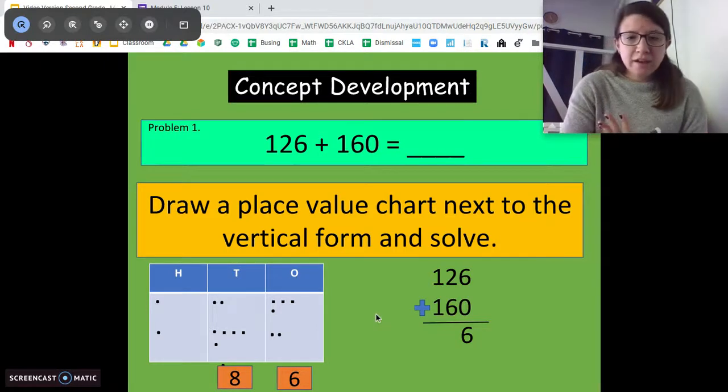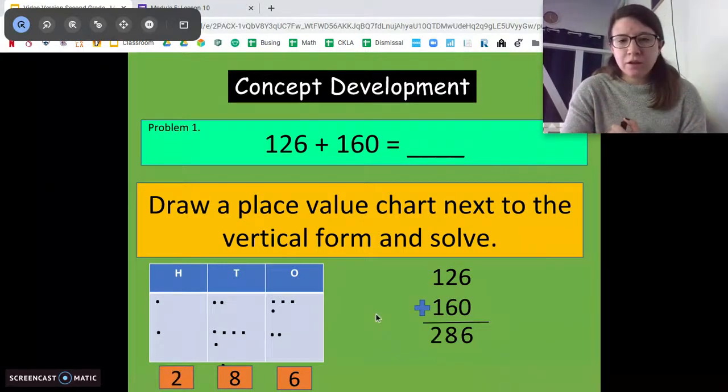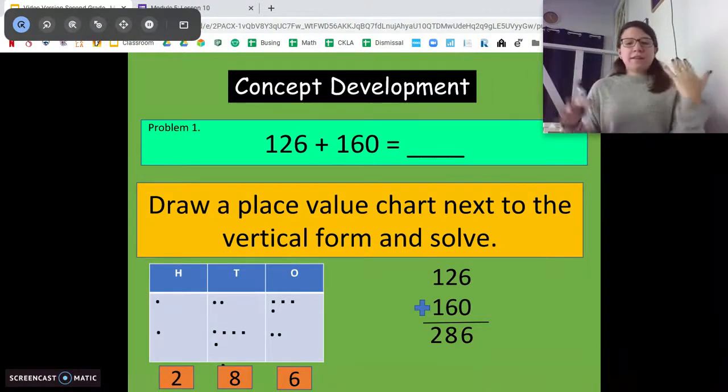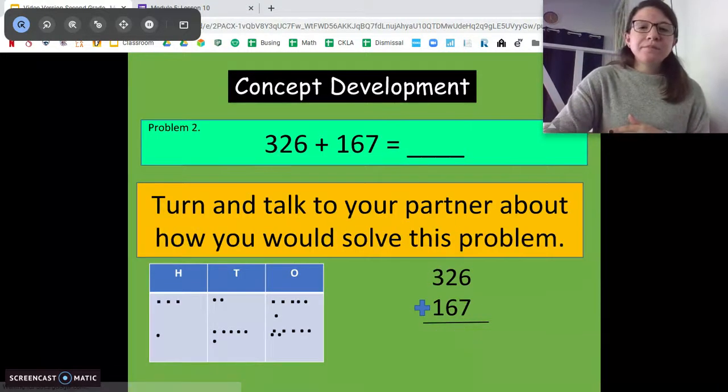So I can put the 8 there, and I put my 8 in my vertical method. And then I have 100 and 100. 100 plus 100, 200. I can put that in the vertical way. Do you see how the picture matches up with the vertical way? We're not just putting random numbers. We're not just mixing things around just for the fun of it. The picture matches up with the vertical way. Okay, let's do another one.